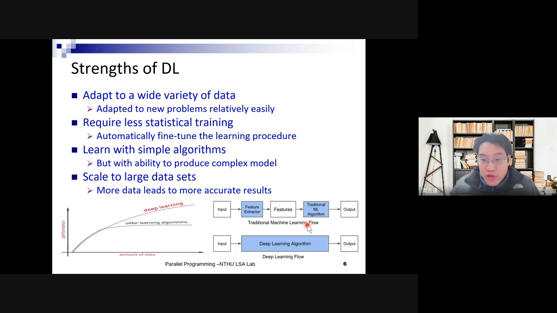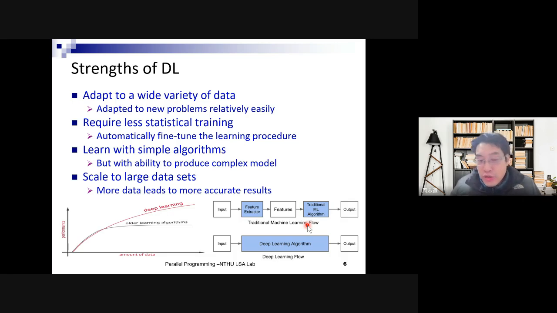However, for some traditional machine learning algorithms, you cannot just arbitrarily change the equation, because there is mathematical theory behind it. But for neural networks, you could do that.